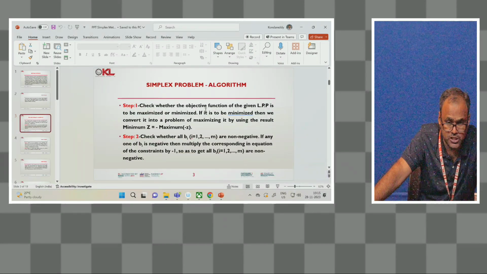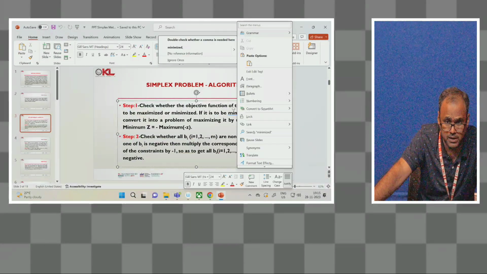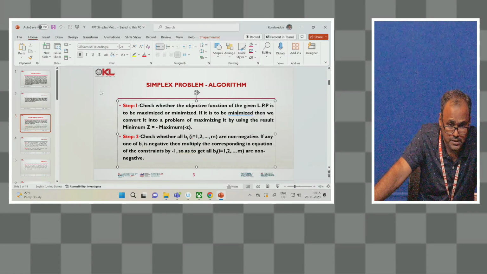Step 1, check whether the objective function of the given LPP is maximized or minimized. If it is to be minimized, then we have to convert it into maximization type, because we are going to limit our discussion to how to find the solution once we rewrite the objective function in the form of maximization.